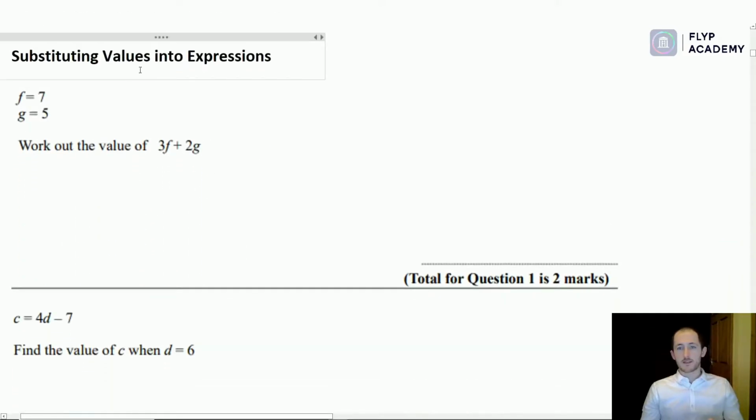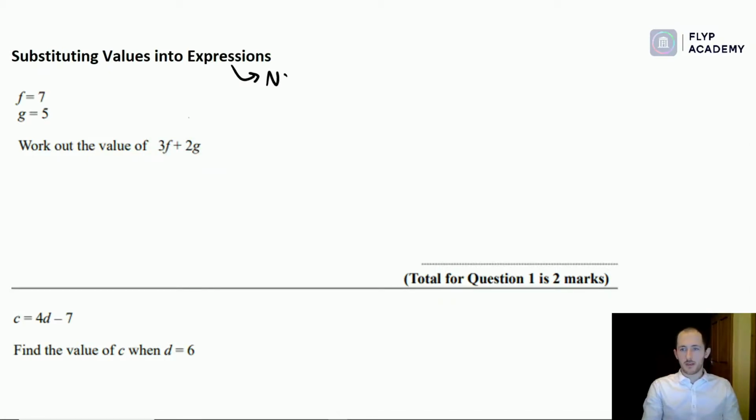The next thing that you need to be aware of is substituting values into expressions. Remember, an expression just means you have a bunch of algebra terms, but you have no equal signs. With an expression, there's just no equals. So in this case, if f is 7 and g is 5, all you need to do is find where f is and replace it with the number 7 and do the same thing with g.